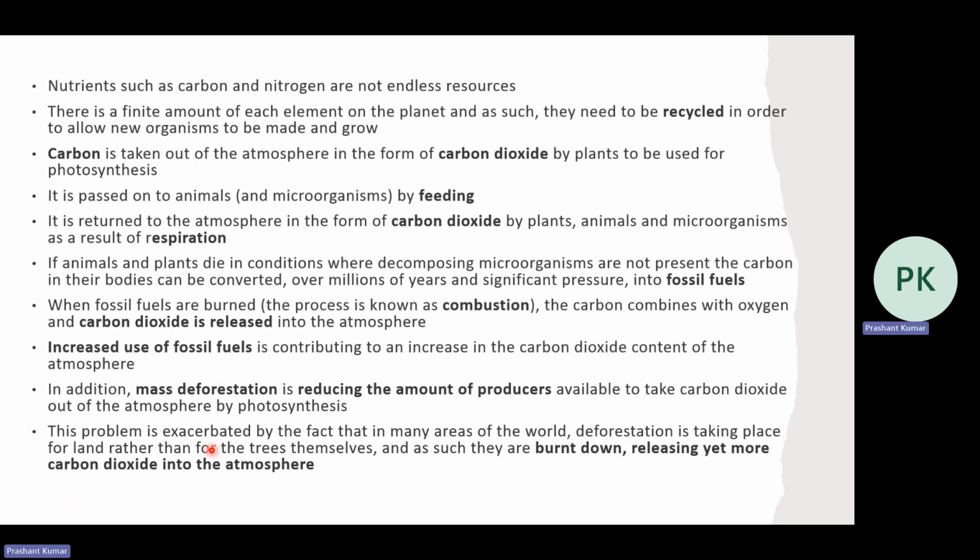I mean, it's becoming a big problem nowadays. So deforestation is taking place regularly for land rather than for the trees, right? So they are using it for something else. So we must decrease the amount of CO2 production because it's creating global warming.